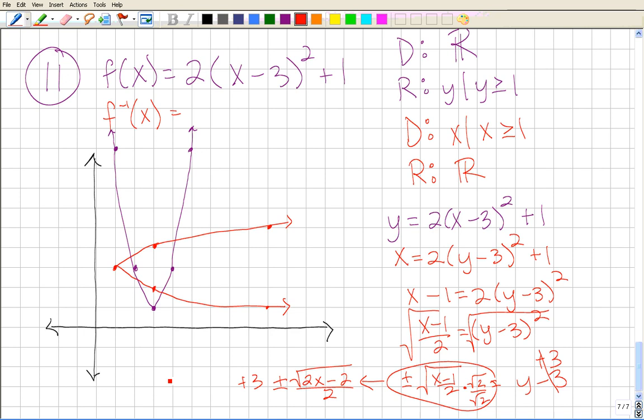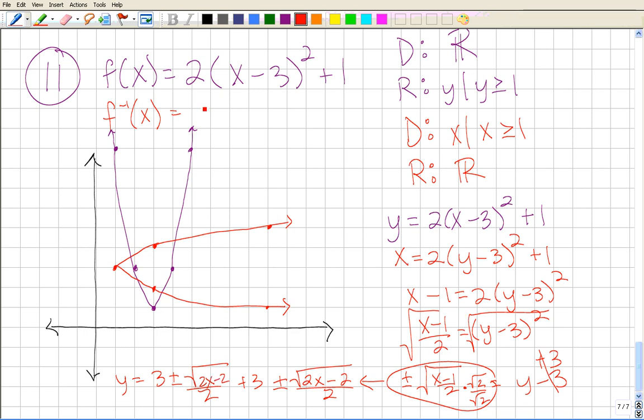So what I'm left with here is y is equal to 3 plus or minus the square root of 2x minus 2 over 2. And there we have it.